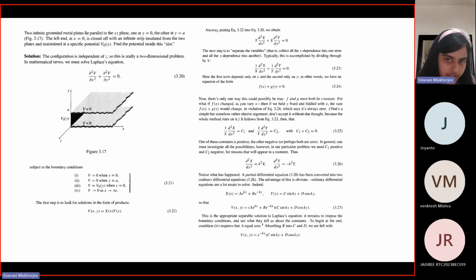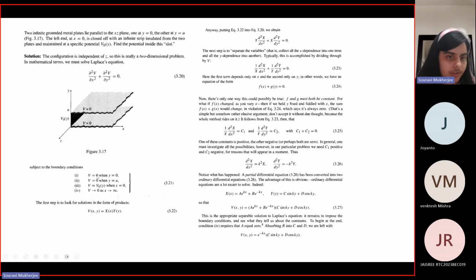Because see here, if you solve it, for the positive constant, you would get an expression like this, right? And for the negative constant, you would get an expression like this. Now, if it was the other way around, you would see that the first two conditions will never be satisfied.